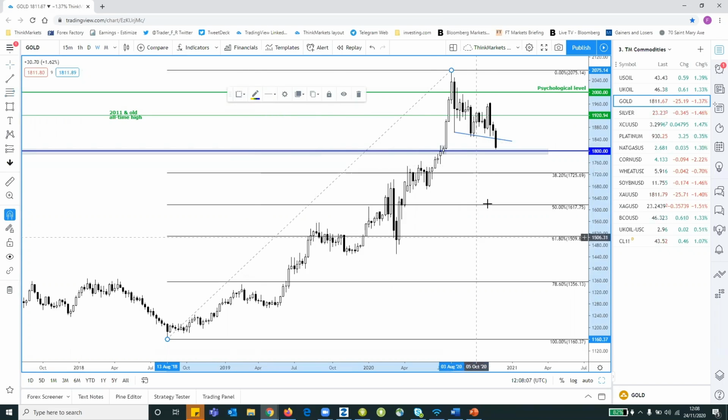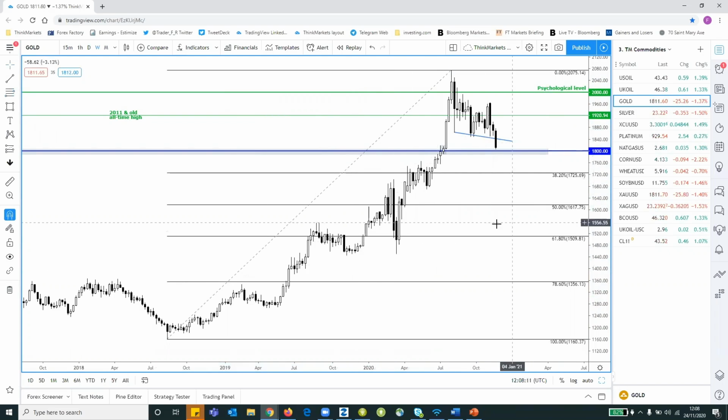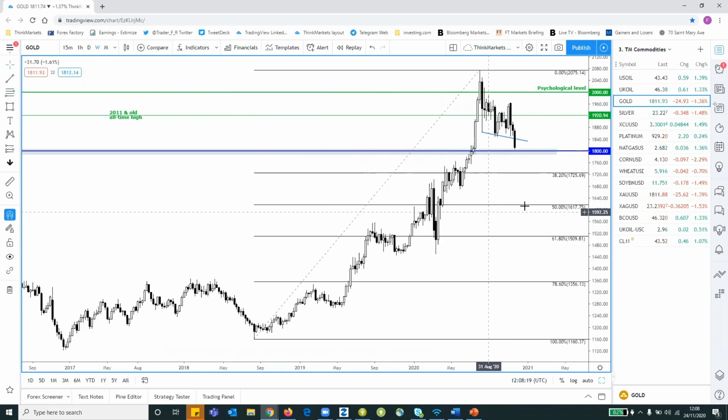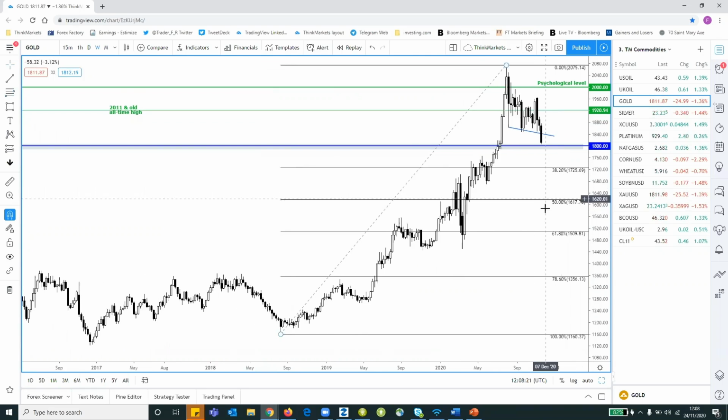We have basically reached the point where we could see a significant correction. I wouldn't rule out a 50% correction on this move. Yeah, a 50% will take you to 1600, 1700.